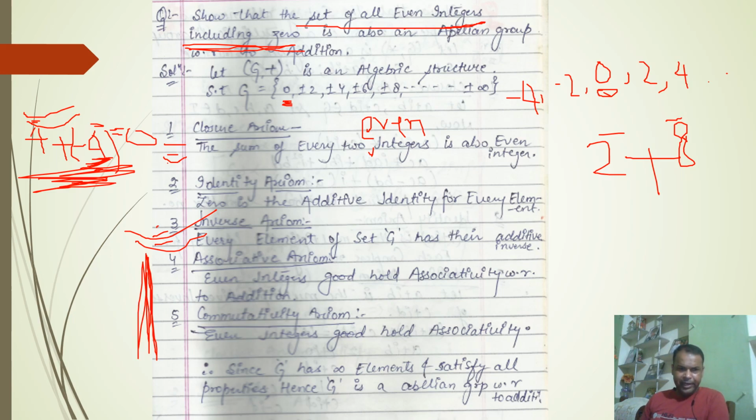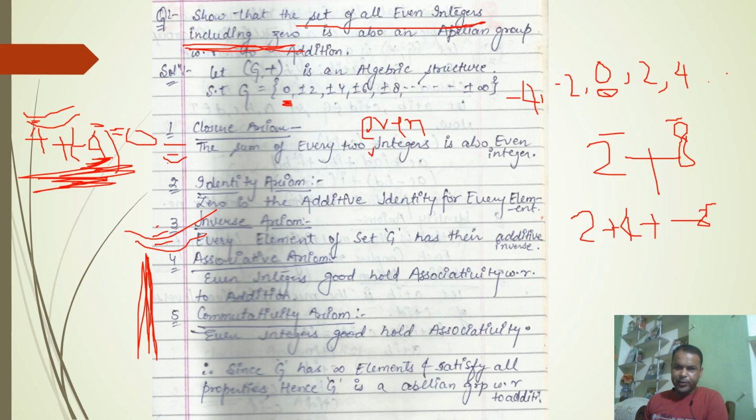Again, these two statements will be written similar to the previous problem. Here we will write that the even integers hold associativity. It means you can take any three even integers. Suppose I am taking 2 and 4, and again I have -6, and we have to add these three elements.